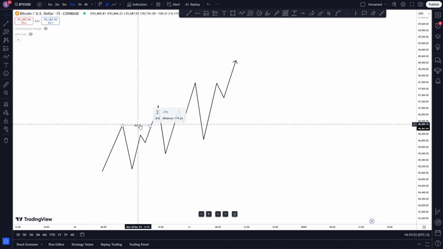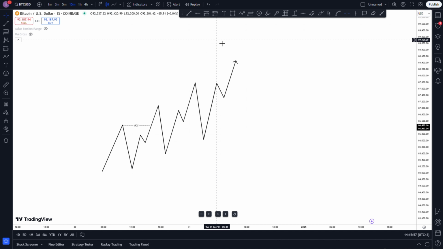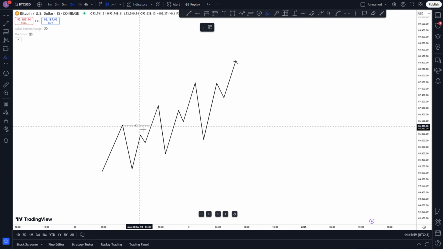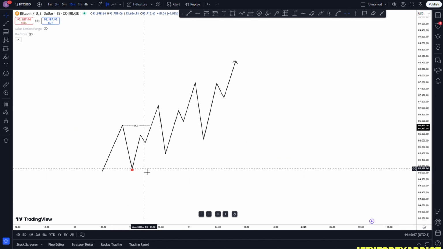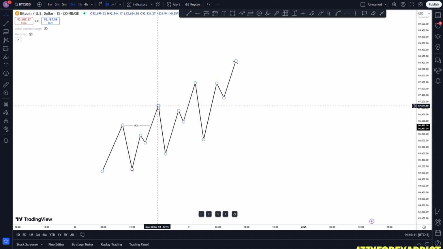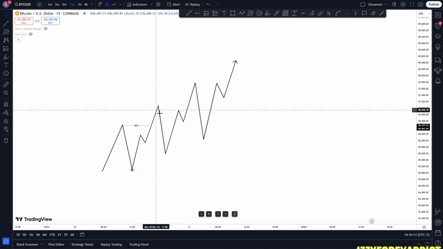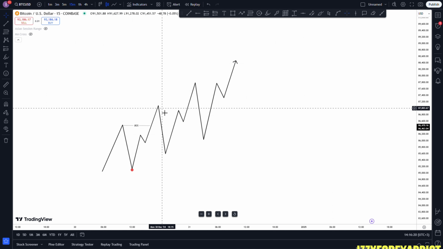After the market creates a break of structure, we always wait. Let's mark this. After the market breaks this previous high, this becomes a confirmed lower low. For us to find entry, price always comes back to take out the first pullback.